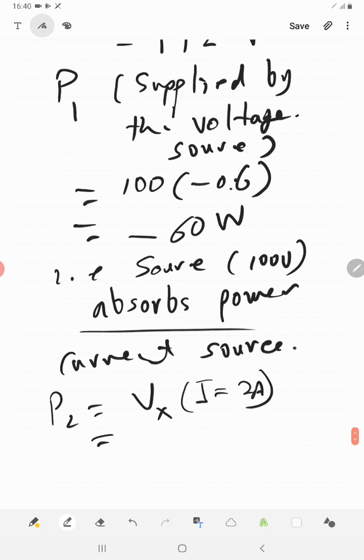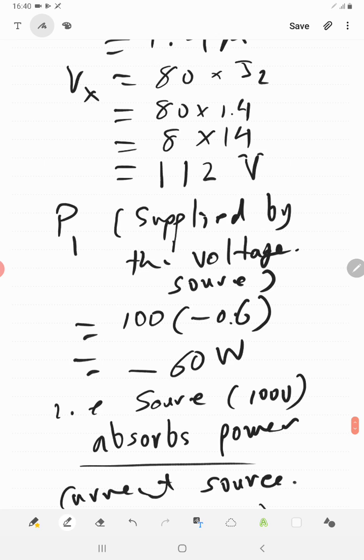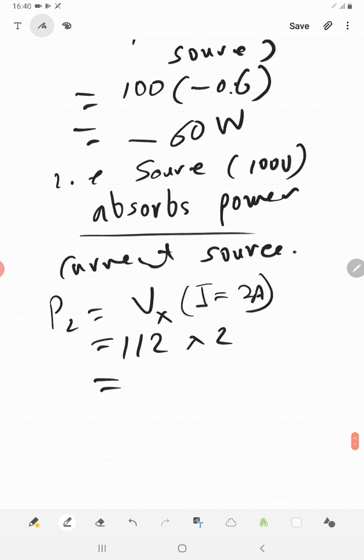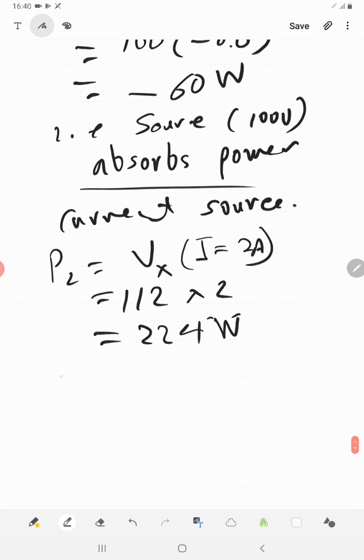Vx we have calculated as 112 volts, so 112 times 2 is 224 watts, and it's positive, which means the current source supplies power. Now let's calculate the power dissipated in the resistor of 20 ohms.